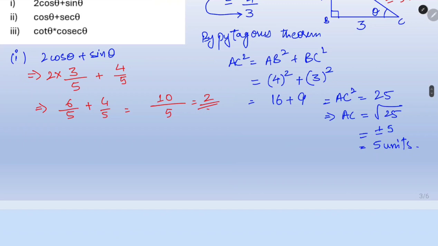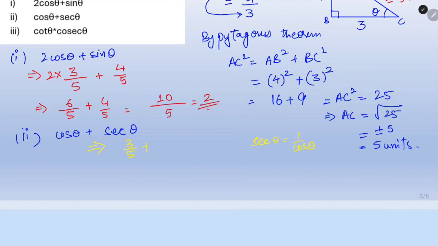For the second part, what does the second part say? Cos theta plus sec theta. What are cos theta and sec theta? Cos theta we have already found, 3 by 5. What is sec theta? Remember the previous video, sec theta is 1 upon cos theta.